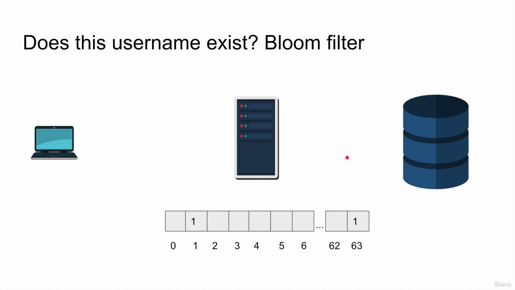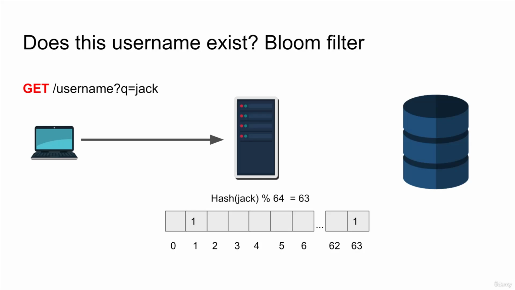Let's take another example, where I'm gonna check if Jack exists. I'm gonna make a GET request to the server. First of all, we're gonna hash the string Jack, get a big number, right? And then mod 64, I'm gonna get a value from 0 to 63. It happened to be 63. I check bit 63. Oh, it's set. And if that bit is set, that means Jack may be there. And why maybe?